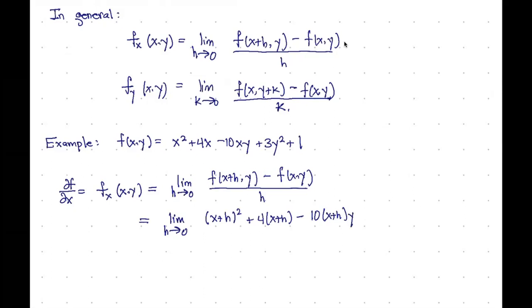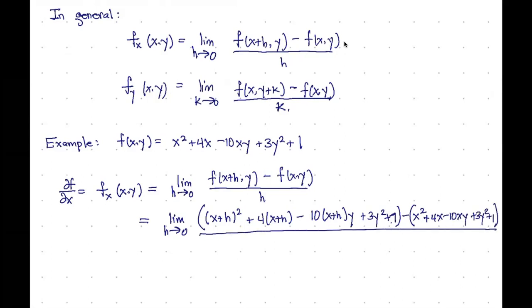And so it would be minus 10(x + h)y plus 3y squared plus 1. Then subtracting off the precise function, x squared plus 4x minus 10xy plus 3y squared plus 1, all over h.